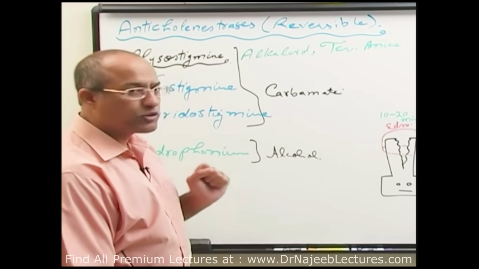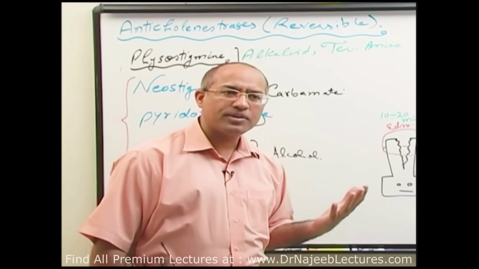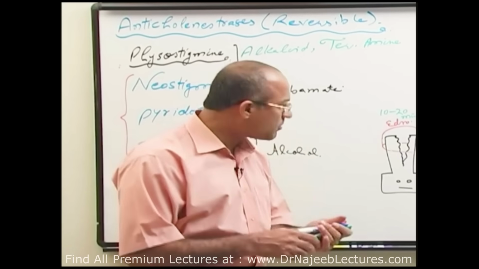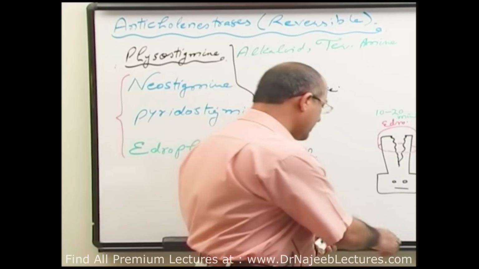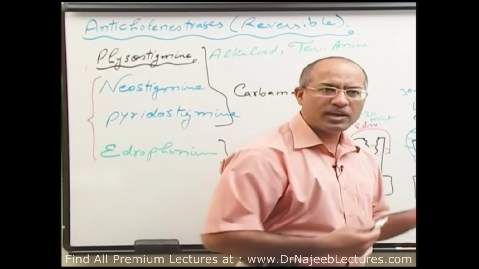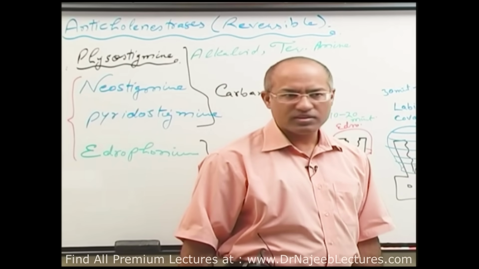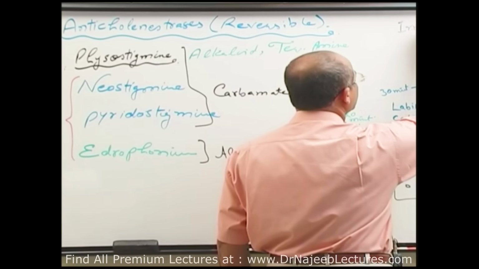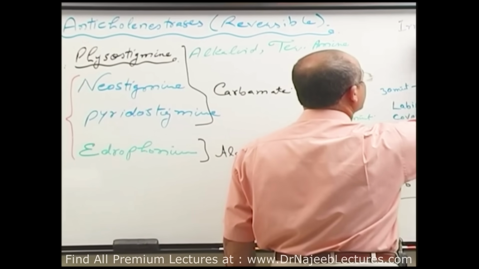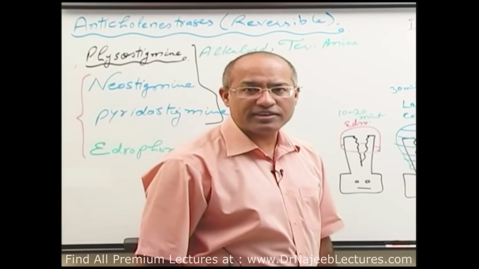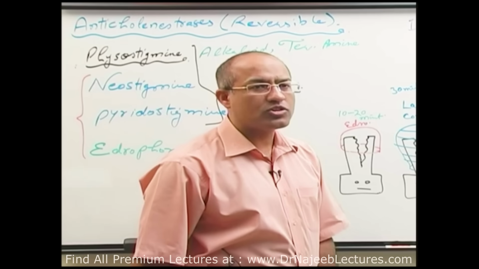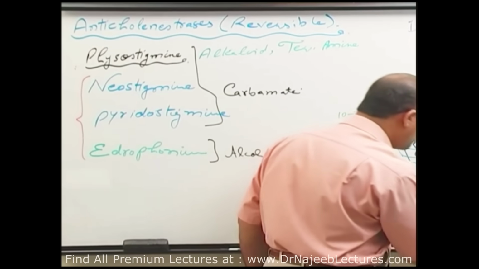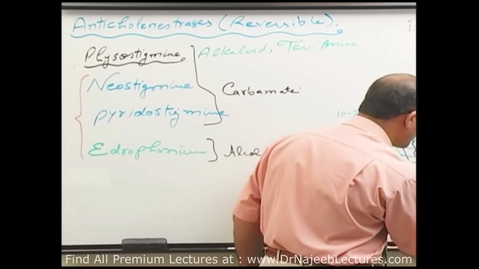Then I told you another class of anticholinesterases is irreversible anticholinesterases. Irreversible anticholinesterases are really dangerous. Do you know any irreversible anticholinesterase? Irreversible anticholinesterases are those drugs, or rather we should say toxic compounds, which bind with this enzyme very, very strongly.